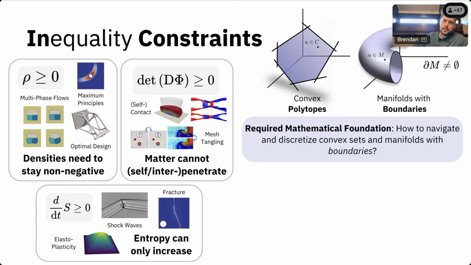And there are many more than these three examples, but at the very highest level, what distinguishes it from the equality constraint setting is that we're not navigating a closed subspace of some function space. Maybe in the simplest setting, we're navigating some convex subset of that space of functions, maybe a polytope or otherwise, but it has a boundary, and that's often the issue.